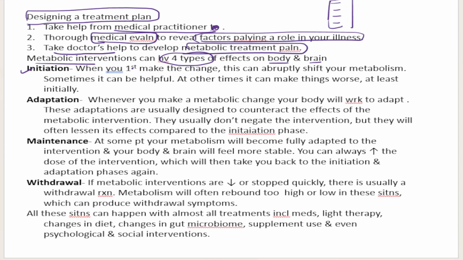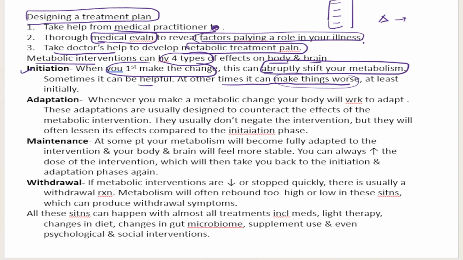First is initiation. When you first make the change, it can lead to an abrupt shift in your metabolism. Sometimes it can be helpful, but other times it can even make things worse. For example, when you suddenly make a lifestyle change, it can sometimes make things worse.